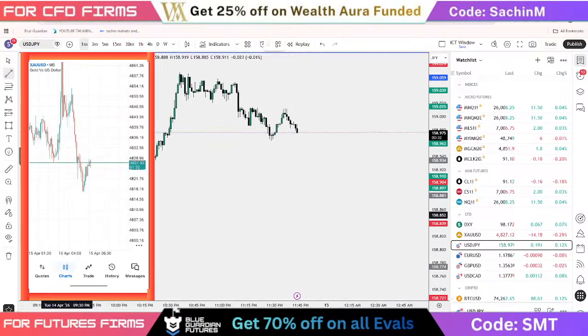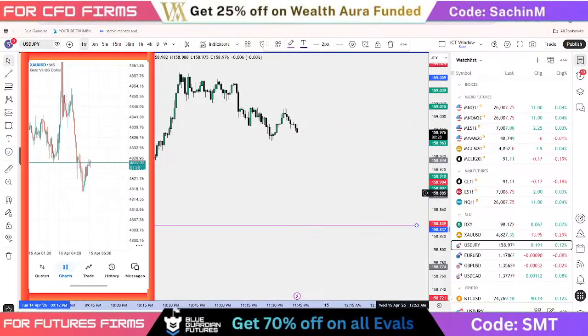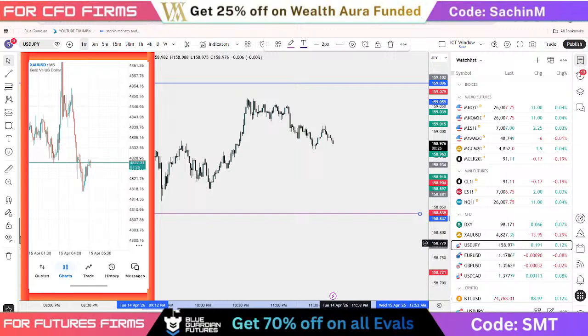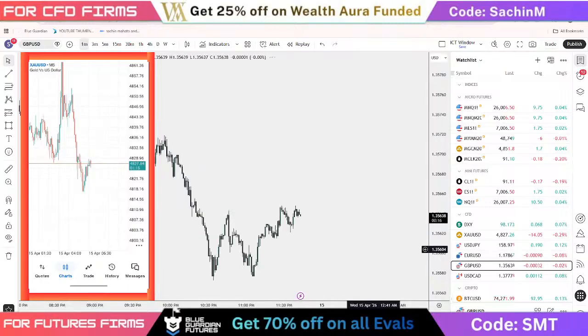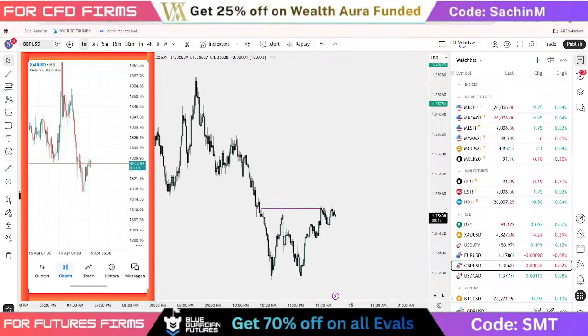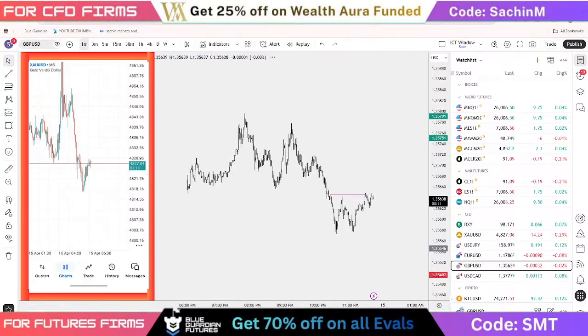All my models have one thing in common, that they begin with a liquidity swipe. So let's wait for the market to swipe out this liquidity, and then we will have a long setup. And same with GBP USD, we wait for this liquidity to swipe.